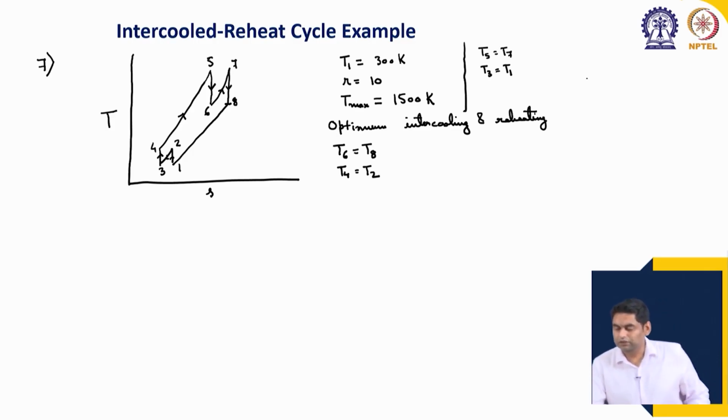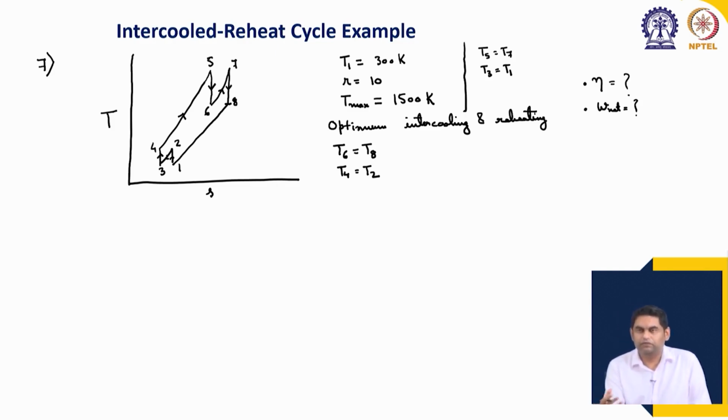We want to find out the efficiency and the net specific work output, like for all the cases. Problem is defined in the same way, so that we can do a direct comparison, which is very helpful for our understanding. So, quickly we will go through this. So, the values T 1 and T 3 are both equal, as we have already mentioned.